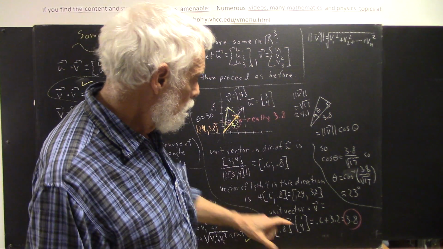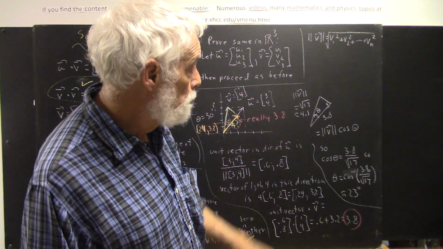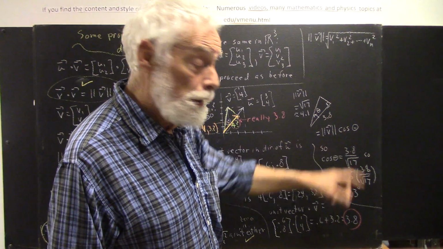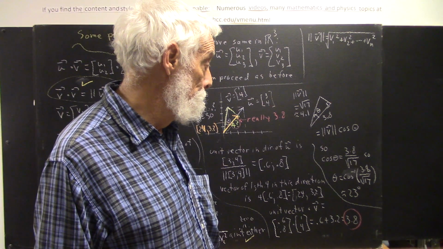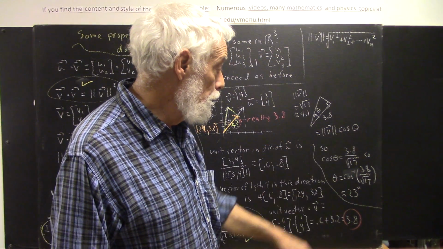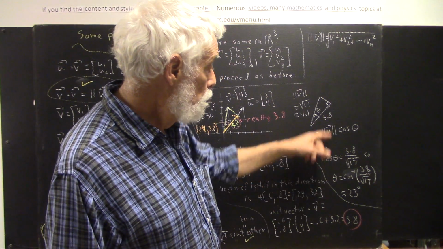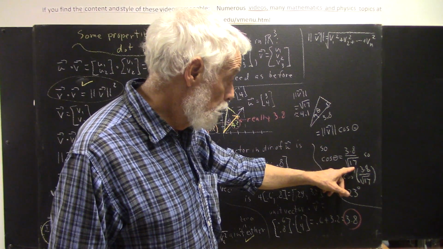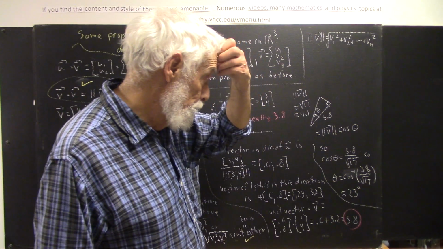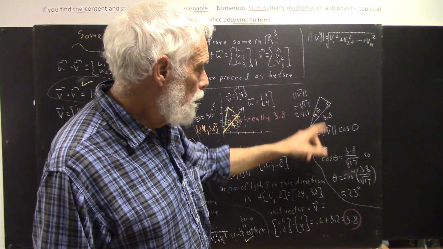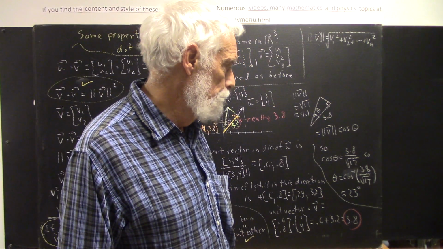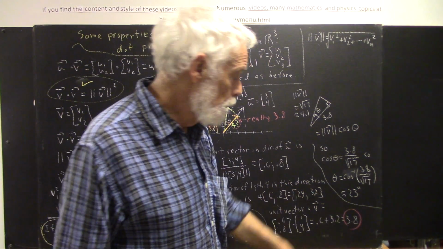The length of this side, if you believe what I said down here, is 3.8, and that's equal to the magnitude of v times the cosine of theta. So the cosine of theta is equal to 3.8 divided by the magnitude of v, which is the square root of 17. So this angle is the inverse cosine of 3.8 over the square root of 17, and that turns out to be pretty close to 23 degrees.